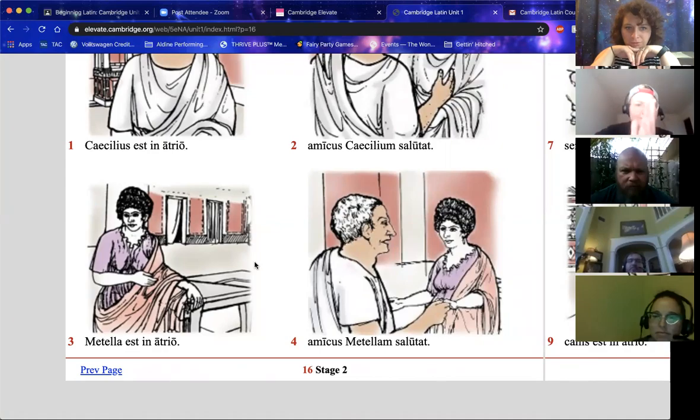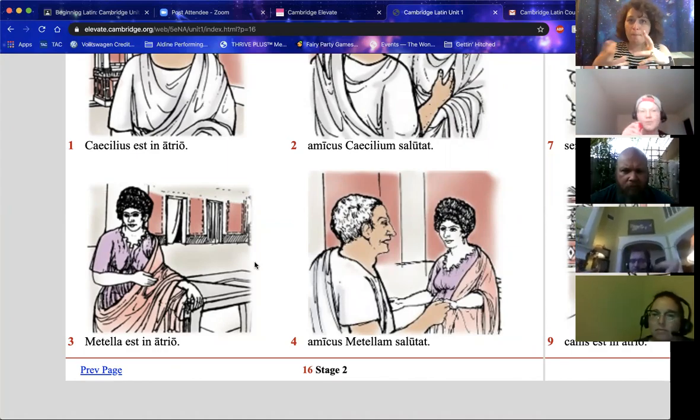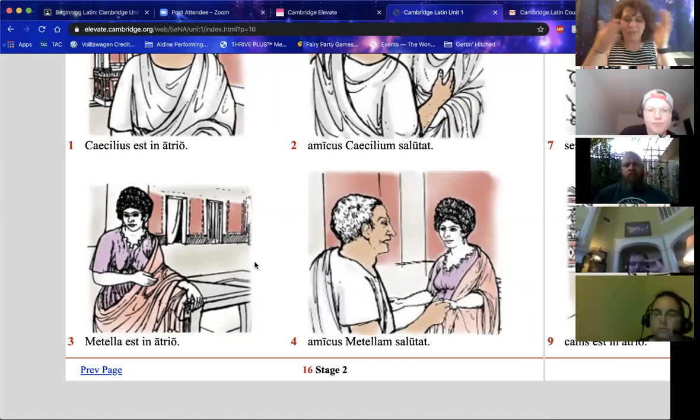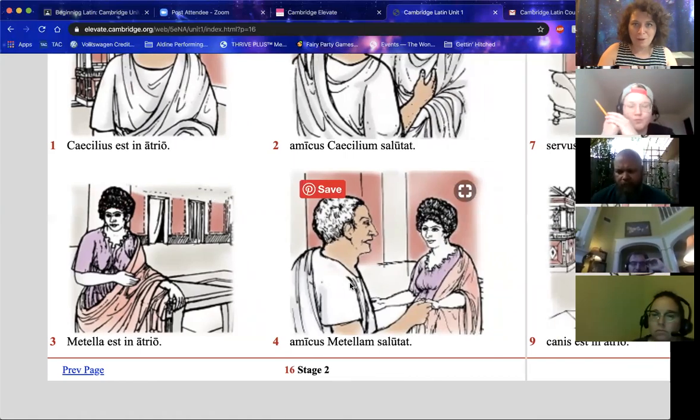Amicus is now the dominant person in the second picture, and the subject of the sentence is the dominant person in the picture, and the person they're talking to is in the background. Exactly right. That is something Cambridge is really great about. When they draw a picture to match text, they do it in a way that makes it really intuitive, so you are paying attention to what the words mean and not just random people in a photo. So thank you for bringing that up.